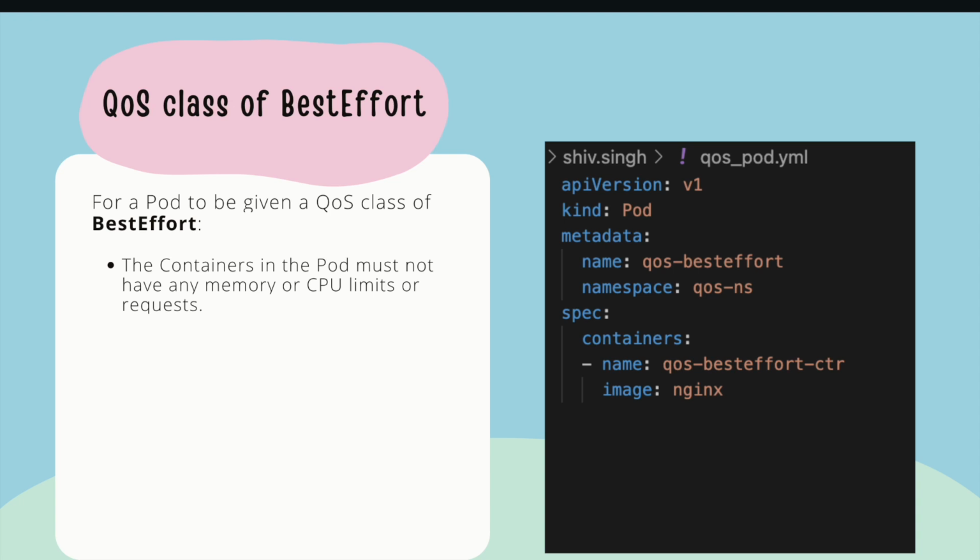So you have the pod definition file, and whatever number of containers you have defined in that particular pod definition file, it should not have any memory or CPU limits or request. So here I have this pod definition file, and you can see we have not defined any kind of memory limit or request or CPU limit or request here. Okay, so now let's check out the demo for this particular class and see what class is given to this particular pod by Kubernetes.